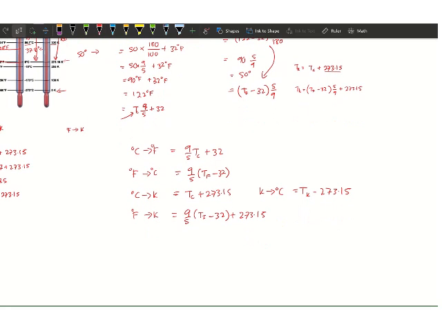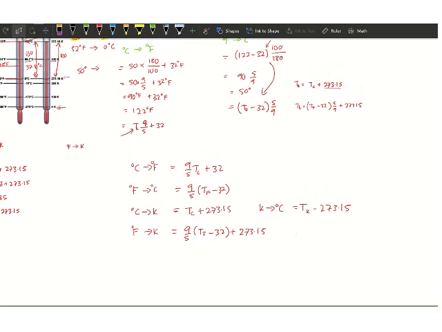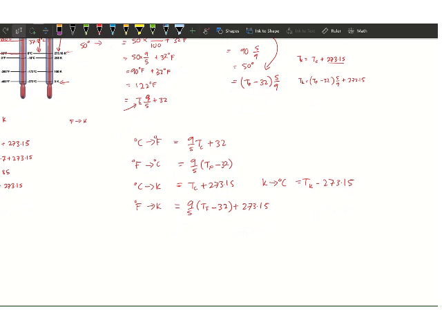And what about Kelvin to Fahrenheit? In order to go from Kelvin to Fahrenheit, you go from Kelvin to Celsius first, and then from Celsius to Fahrenheit. So Kelvin to Celsius gives T_K minus 273.15.